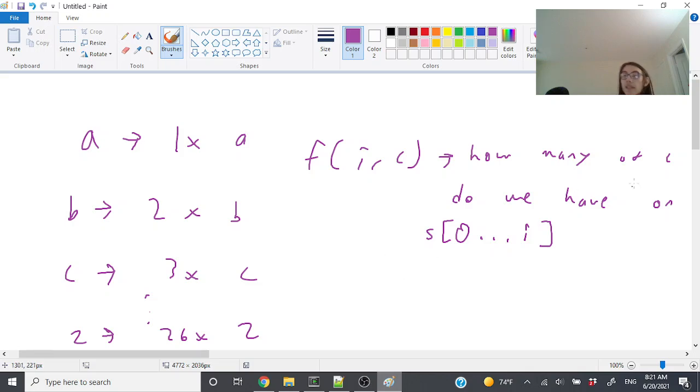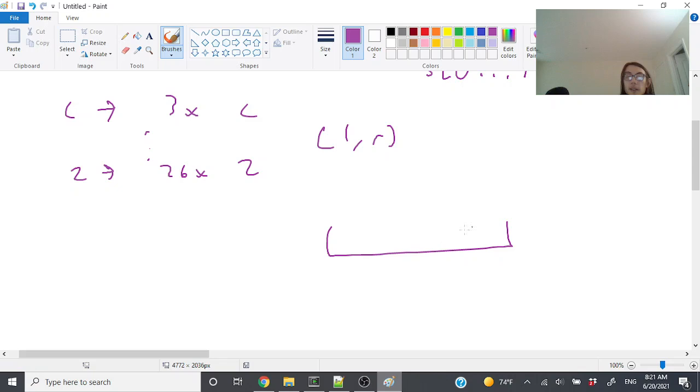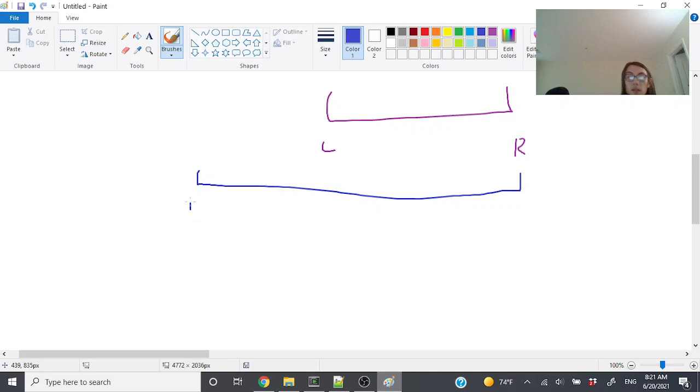Then to answer how many of c we have on [L, R], if we want this range from L to R, we can use the prefix sum from 1 to R, except we have some extra part that we need to get rid of. So we subtract out the prefix sum from 1 to L minus 1.